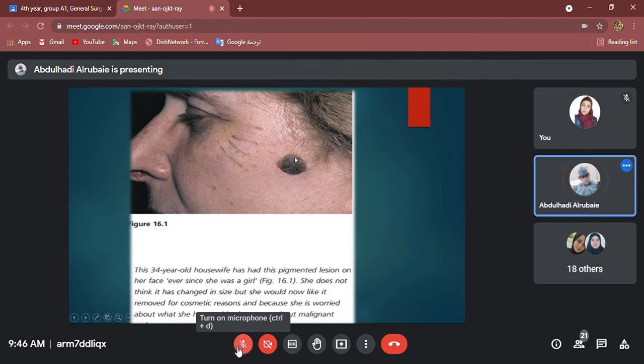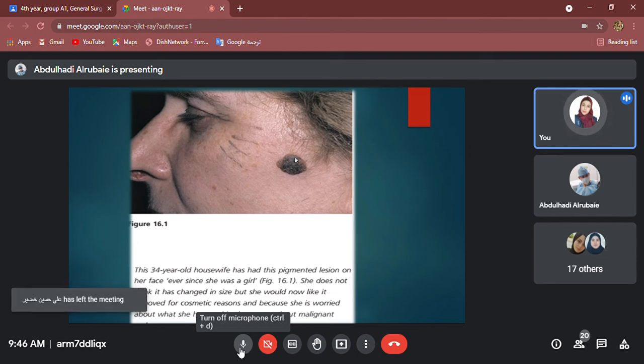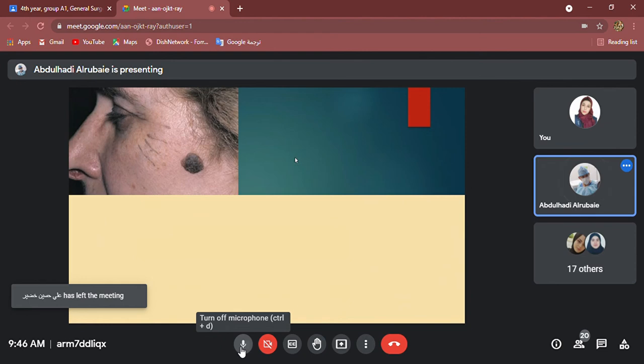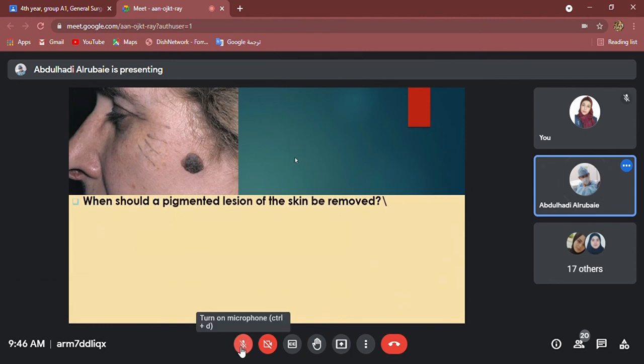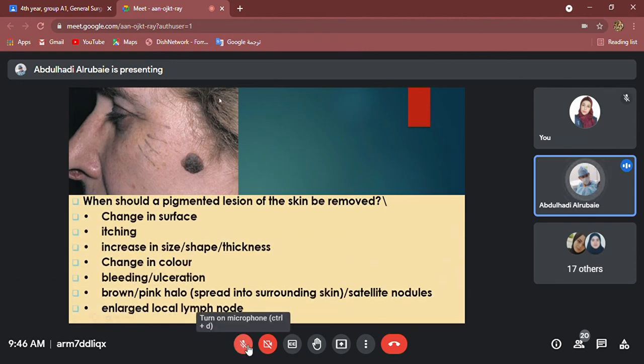When can we say these nevi are dangerous, and what are the indications of removal of these nevi? Very good. Change, or recent change, in these nevi.